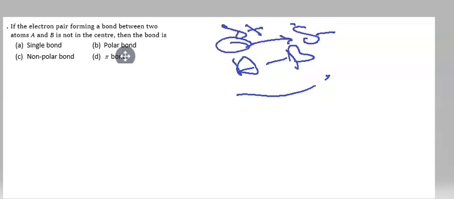So the electron cloud will not remain in its original place while forming the bond. It will shift towards B, right? So this makes the bond not in the center. So this type of bond is known as a polar bond. So option B is right for this.